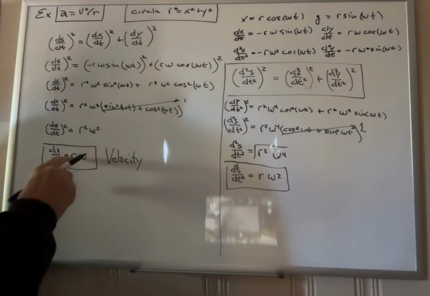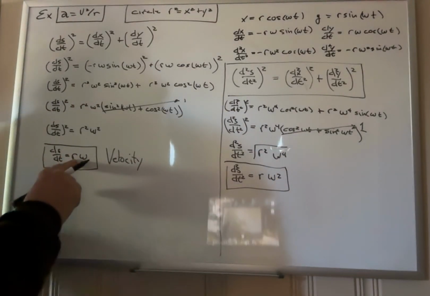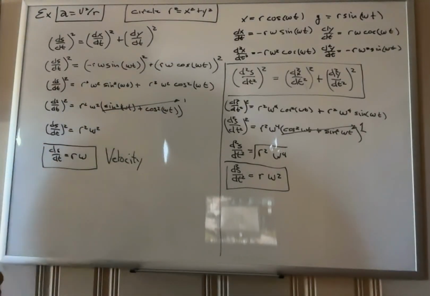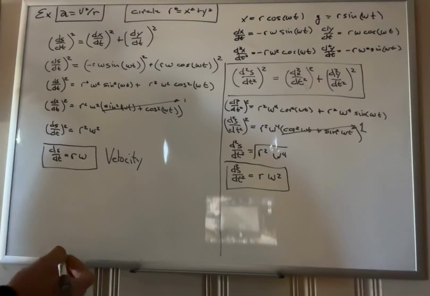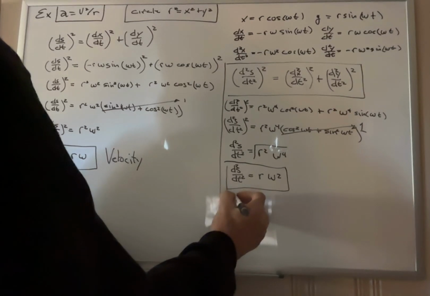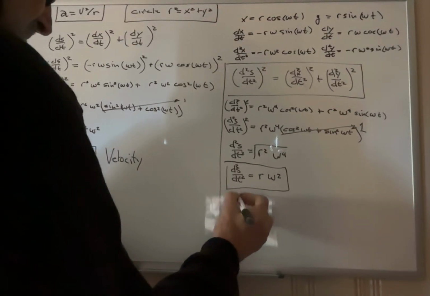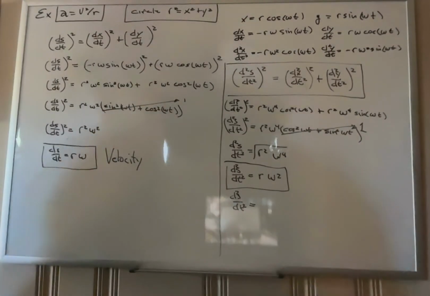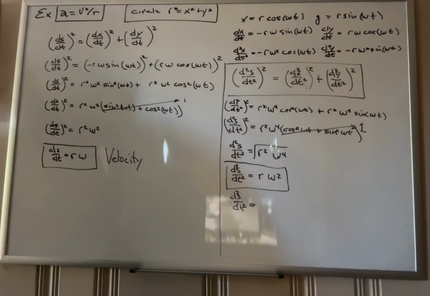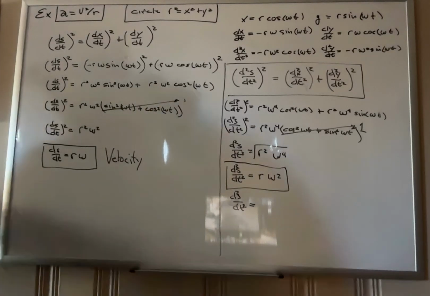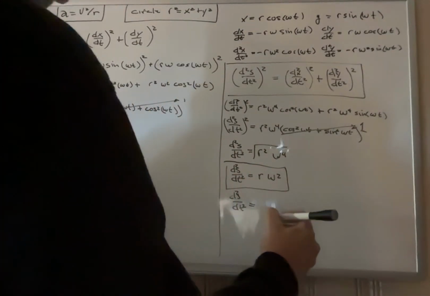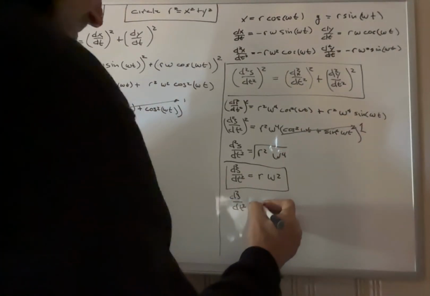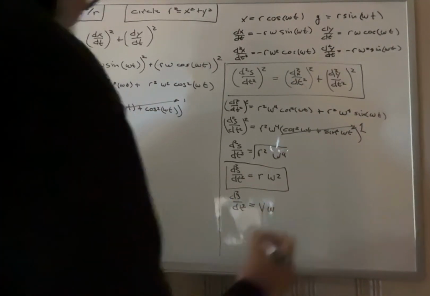But we know that velocity is wr. If we put this in terms of our velocity, since velocity is rw, this would be velocity times w.